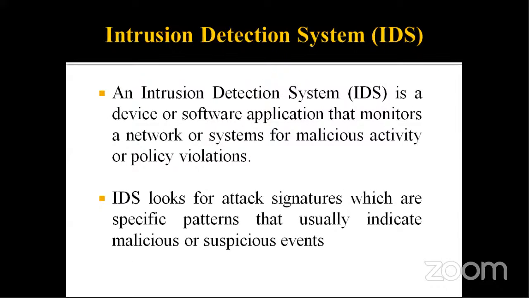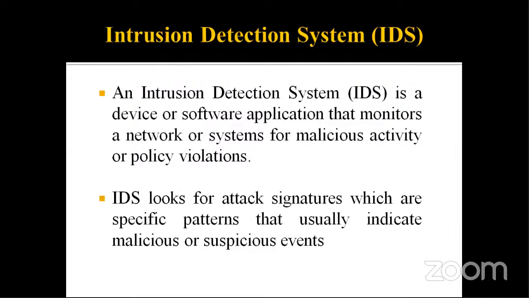Coming firstly to the intrusion detection system, also called IDS, it is a device or a software application that monitors a network or system for malicious activity or policy violations. When some malicious activity is identified in a network, the techniques used to find such intrusion activities are called network intrusion detection systems.